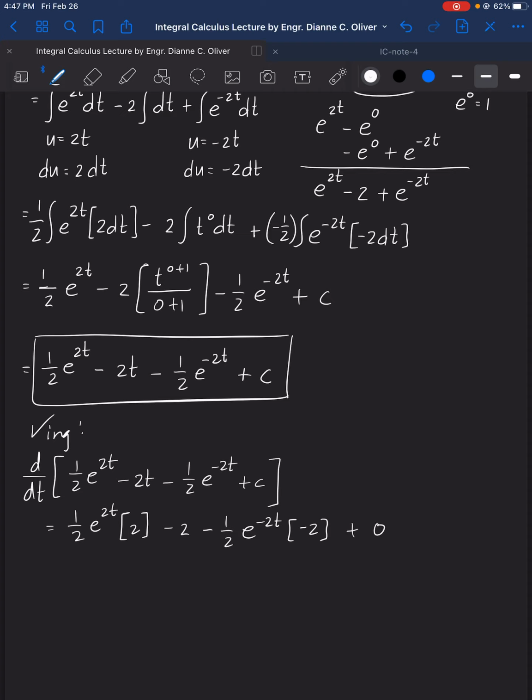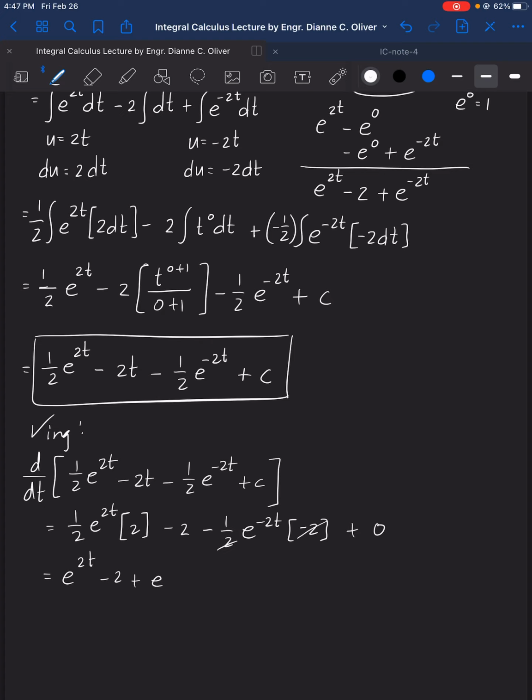which is 0. So this becomes e raised to 2t minus 2 times 1/2, or that is plus 1/2 e raised to negative 2t. This is positive. We can cancel this one.